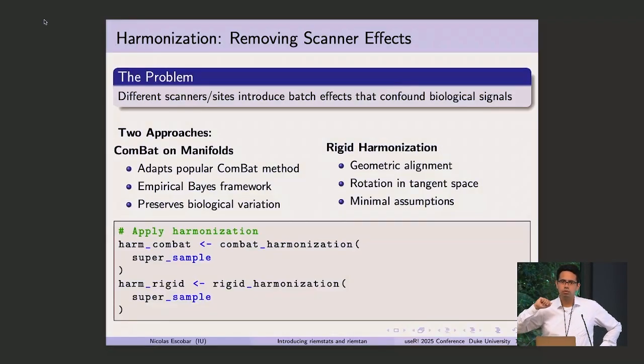It's possible, for instance, that at one of your sites, you collected data from older people than in other sites. You would like to keep the variation due to age, but not to site. And that's something that COMBAT can do. And then there's rigid harmonization, which is a little bit cheaper computationally. And we have implementations for both of those.